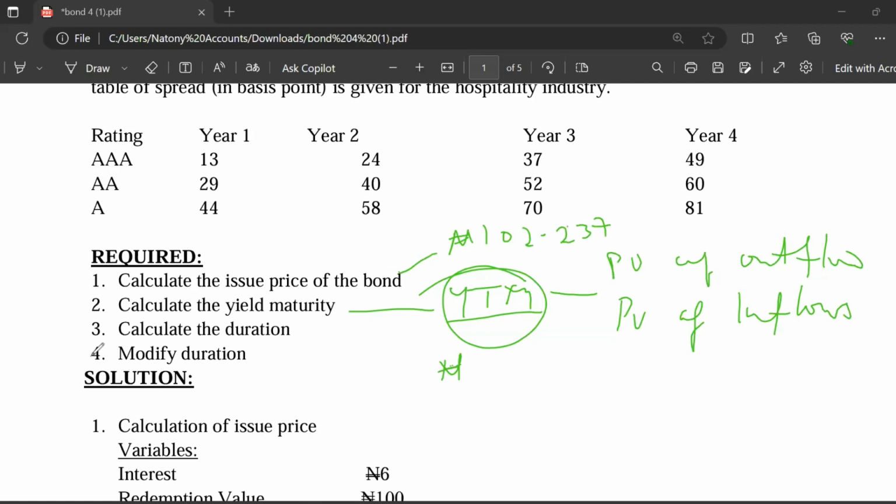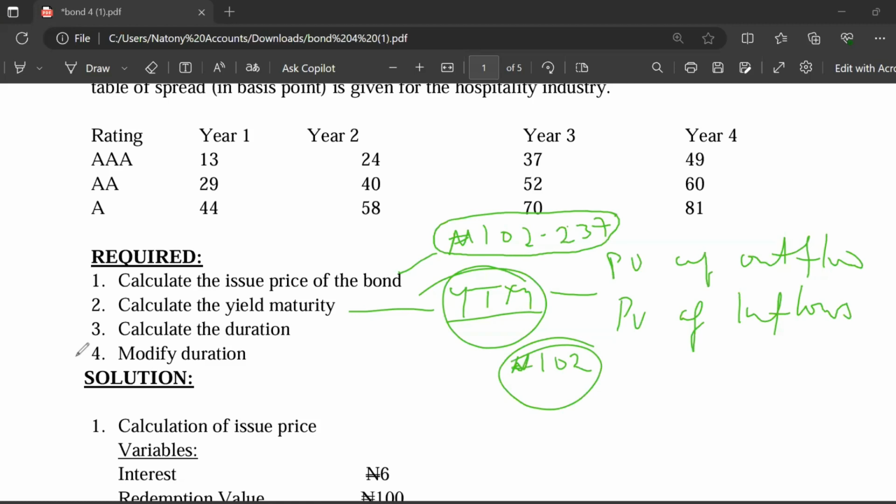So as an investor, if you purchase this bond in year 0, just like your investment appraisal, whatever you spend in the first year becomes your outflow. So in the first year, I will be spending 102 approximately to buy the bond. That will be my cash outflow. That is my initial investment.